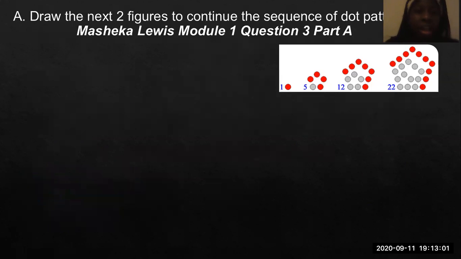Okay, A, draw the next two figures to continue the sequence of the dots pattern. To draw this, we'll have to look at our example right here. Let's get my drawing tool. So we'll need to look for a pattern. So we go to 4. This is plus 7. And this is plus 10.